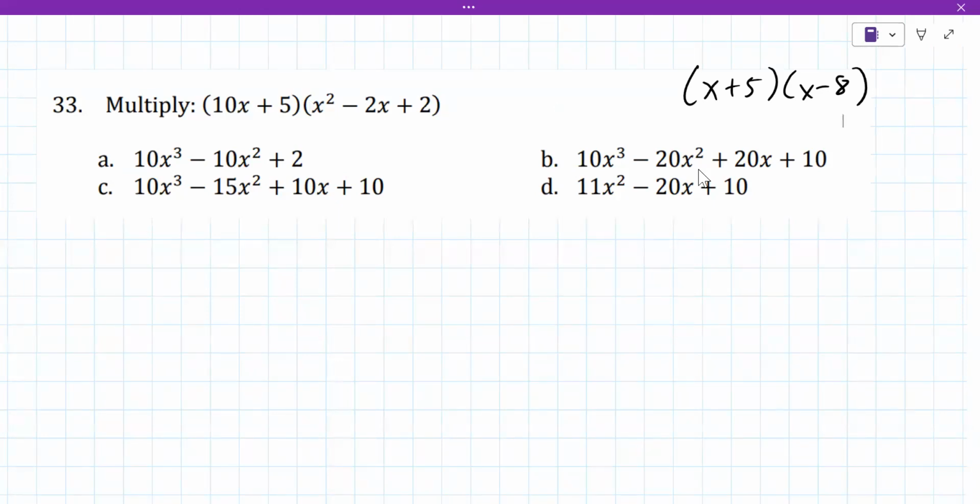x plus 5 times x squared minus 2x plus 2.